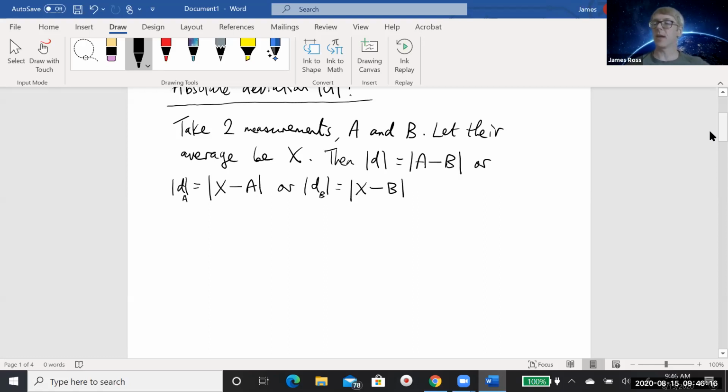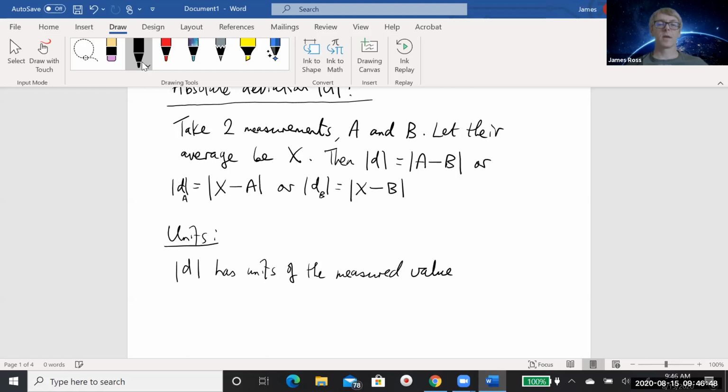In terms of units, absolute deviation has units of the measured value. So D has units of the measured value of A and B. Not A or B, but A and B. We can clearly see that because you've just got a subtraction, A minus B or X minus A or X minus B, it's going to be one unit minus the same unit, which is going to give you a value in that unit.